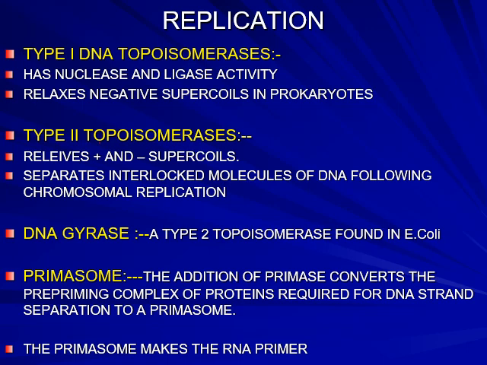It relaxes negative supercoils, whereas type 2 topoisomerase has both. It will prevent both positive and negative supercoiling and also separate any interlocked molecules of DNA which are formed following chromosomal replication. Then we have the DNA gyrase, which is also a type 2 topoisomerase, found in E. coli.